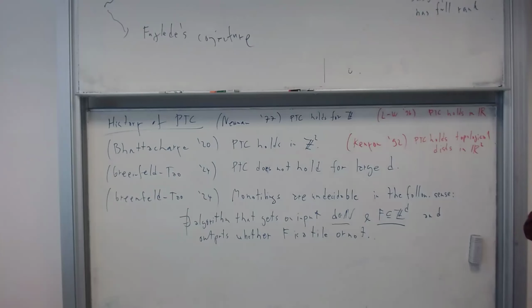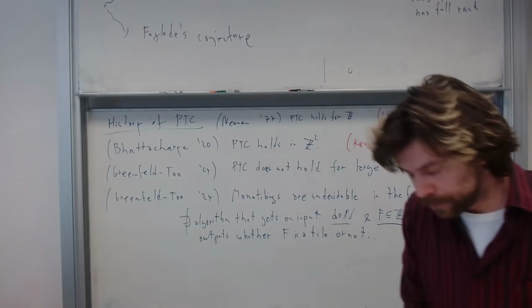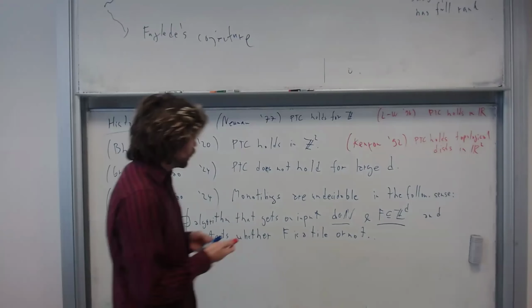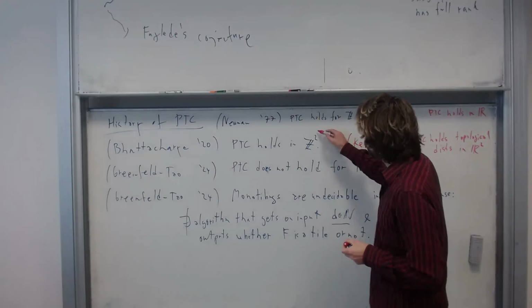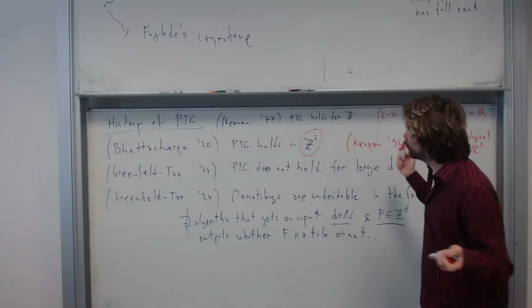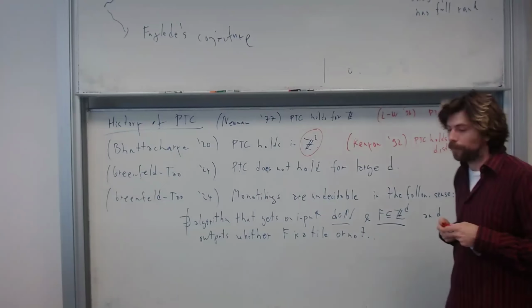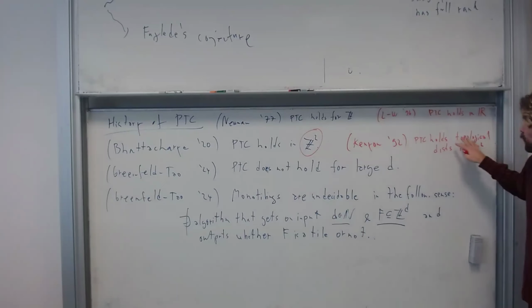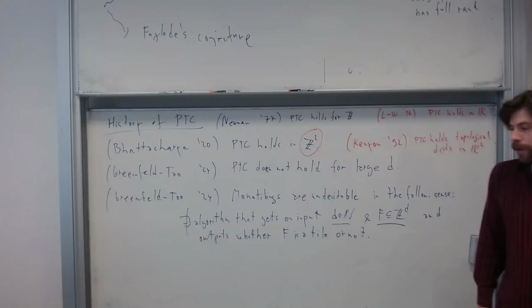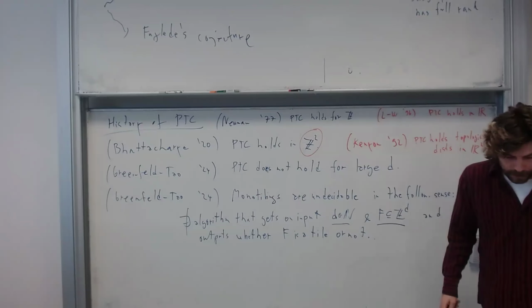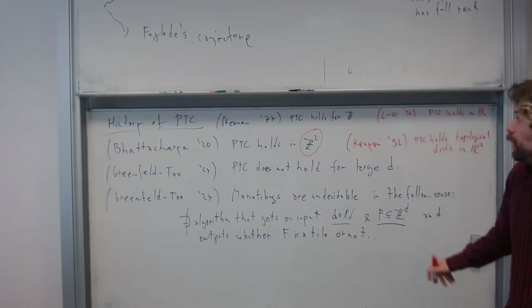And so what I was interested in recently was whether we can actually extend this result in Z2 to the whole of R2. Right, so Kenyon says that it holds for topological disks, so in particular, it holds for some connected subsets of R2, but we would like to see to what generality we can actually get PTC in R2.